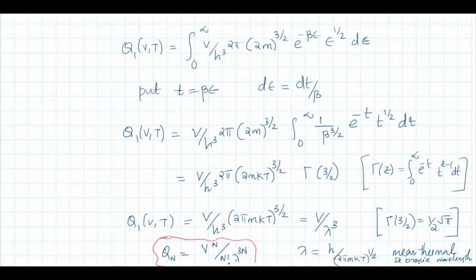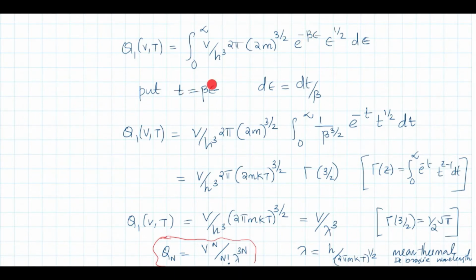Now you can do that integral. Q1 of V, T is equal to the integral from 0 to infinity of V by h³ 2π (2m) raised to 3 by 2 e raised to minus βε ε raised to half dε. Make a substitution: βε, call it t.